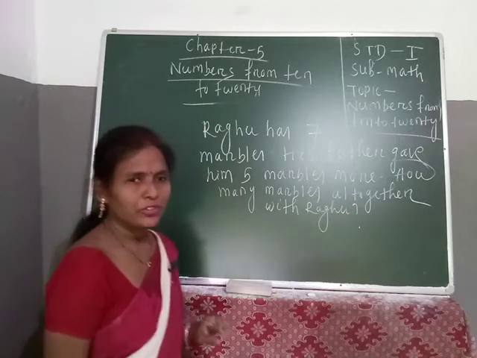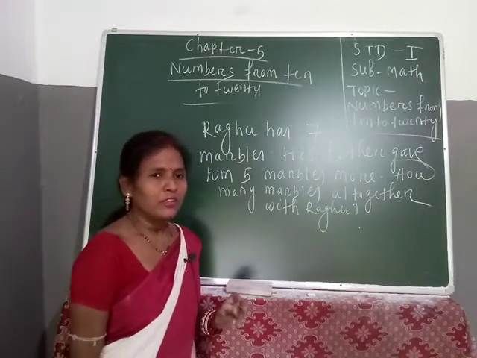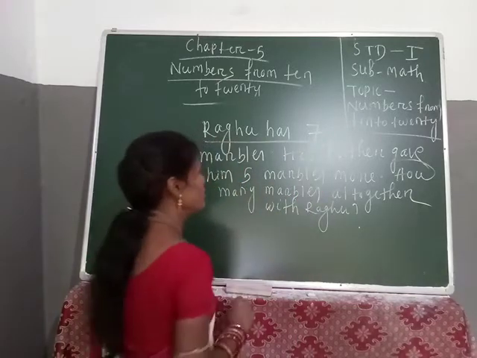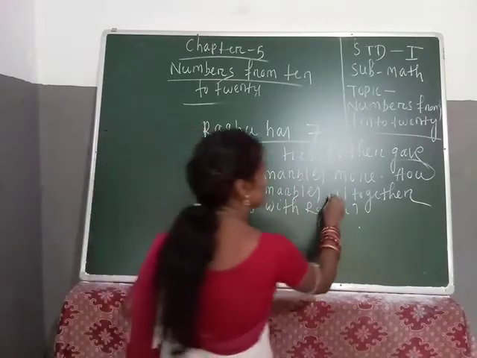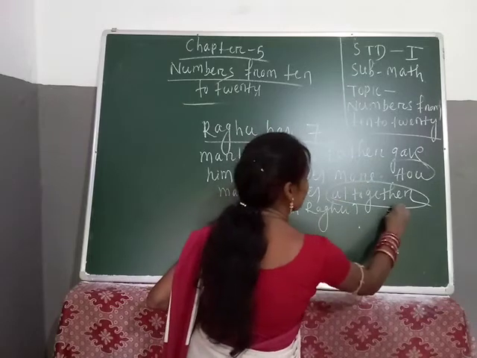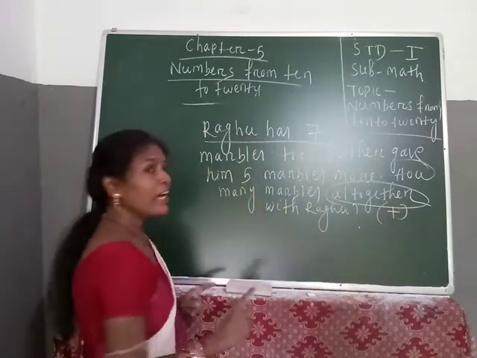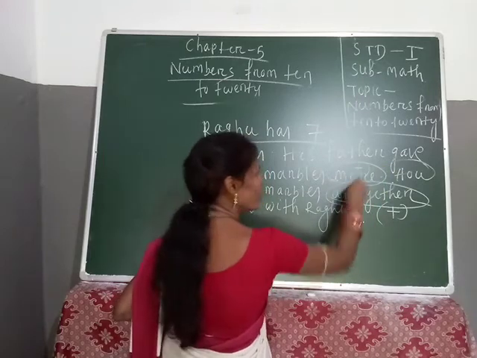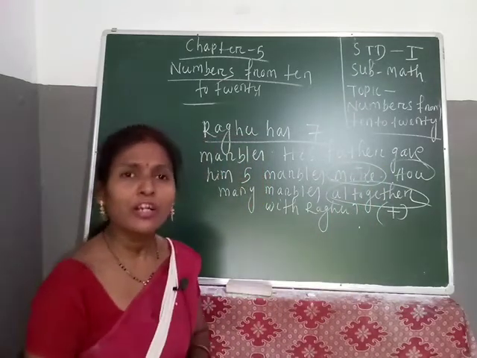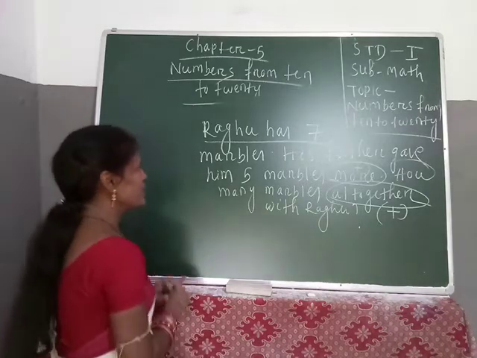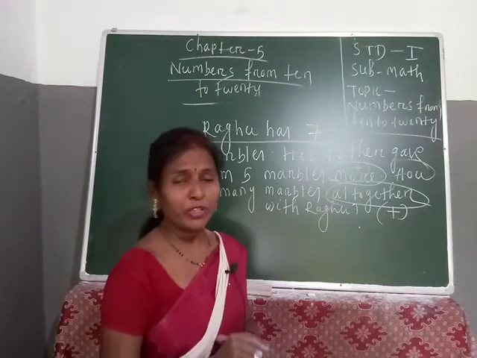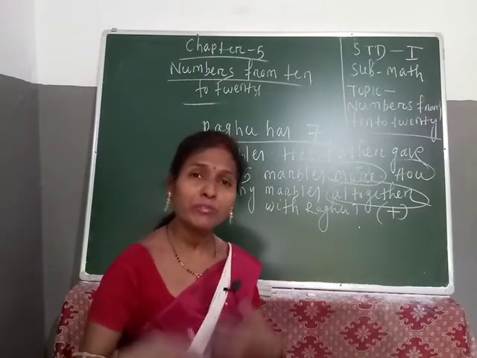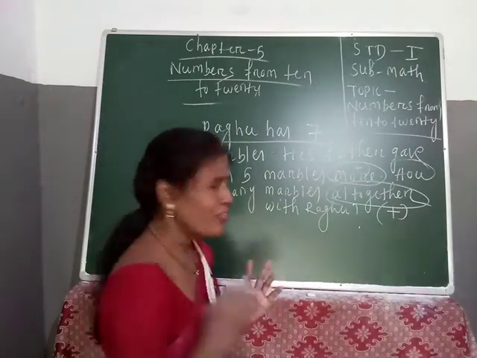Now students, you see, Raghu has how many marbles? Always I used to say, this is your all together, that means you will do addition. Another thing here, this is your more, which means you will also do addition, right? So first, Raghu has how many marbles, students? 7 marbles. Then his father gave him how many marbles more? That one is your 5 marbles.